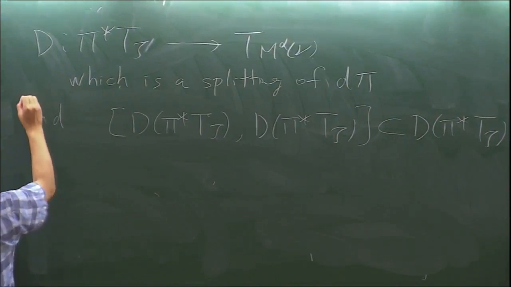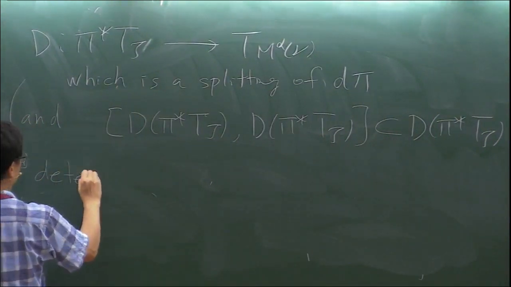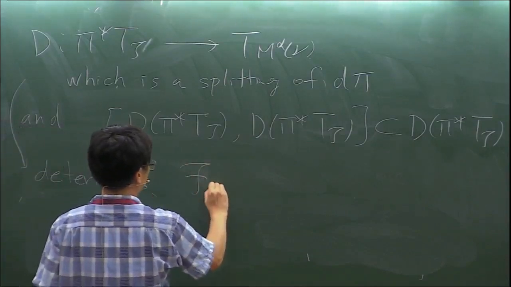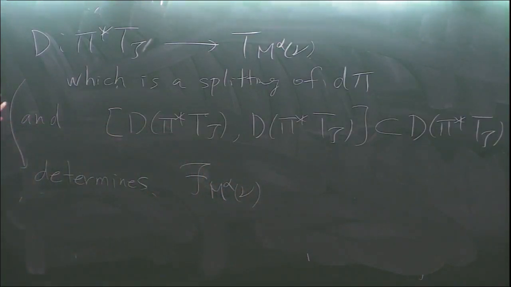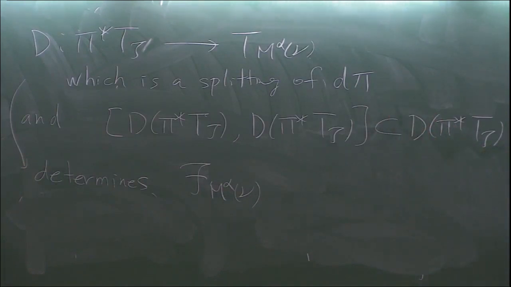And this determines the foliation, the foliation F alpha nu. So by construction, this splitting is an algebraic homomorphism. So we can say that the isomonodromy equation is given algebraically.